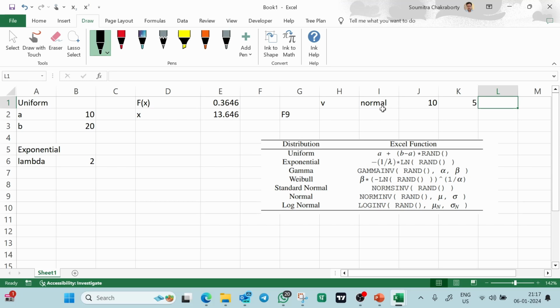It can be other distributions also, just an example I'm showing here. So every time any variable is introduced in simulation, there will be a distribution and the parameters of the distribution will be given to you. So from the basis of that only you can conduct the simulation process. So again, what is your fx?